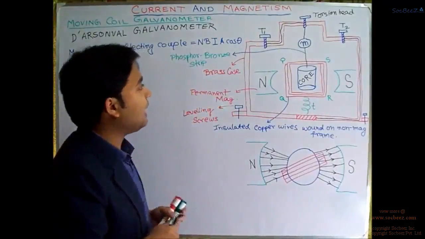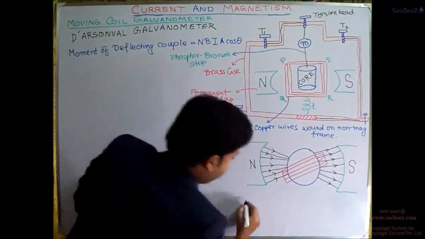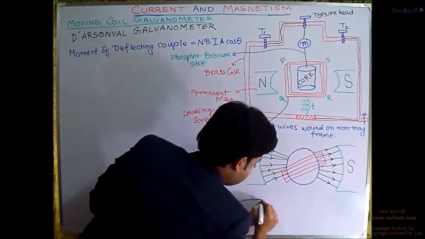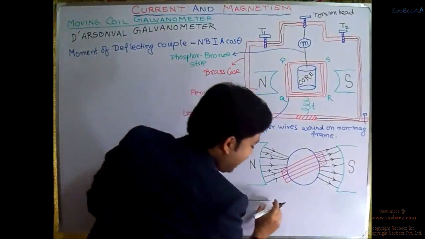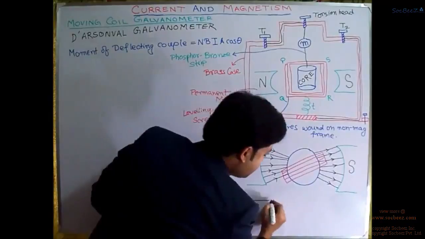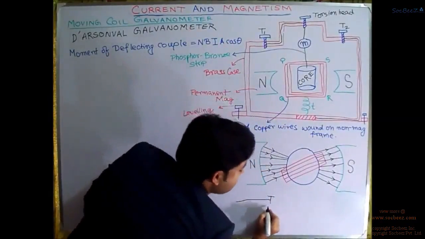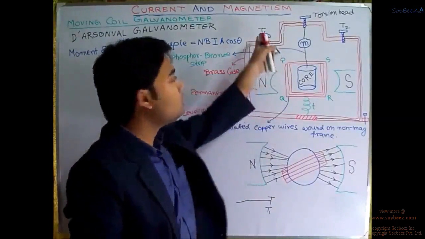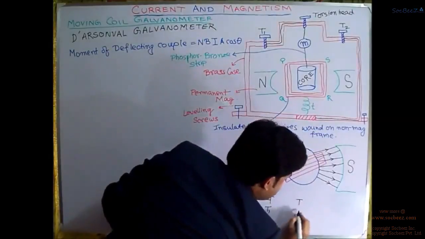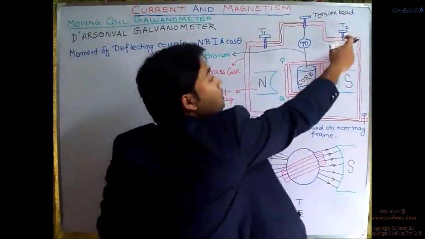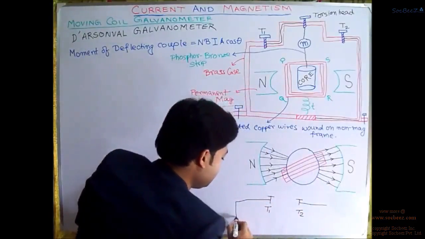So, the entire arrangement might be, for example, a wire, and over here we put this one as T1, and to the other end we put the other screw as T2, and then again the current.